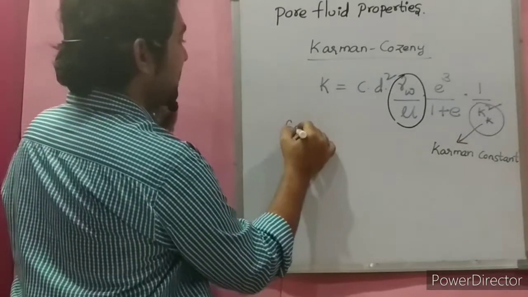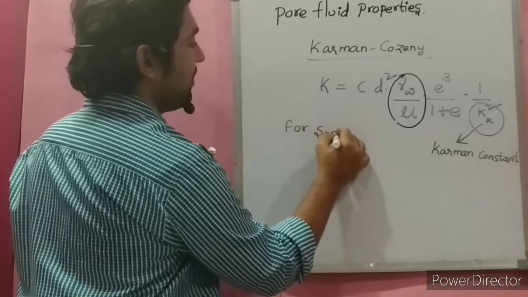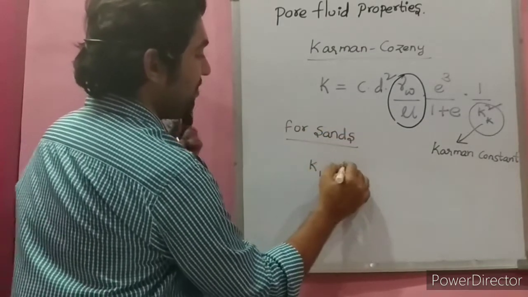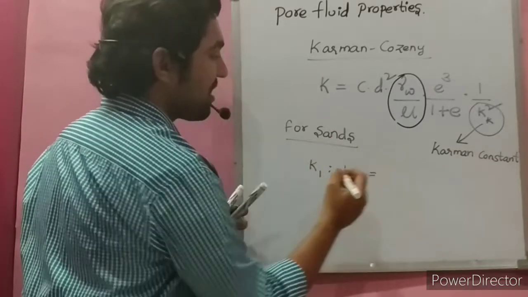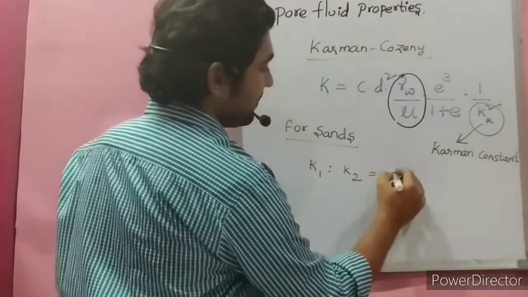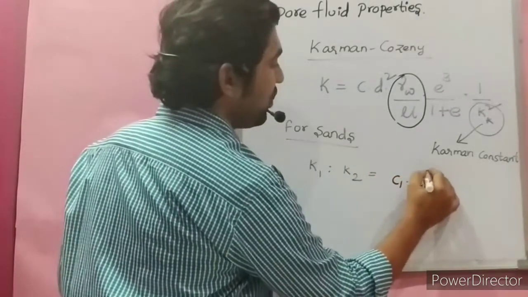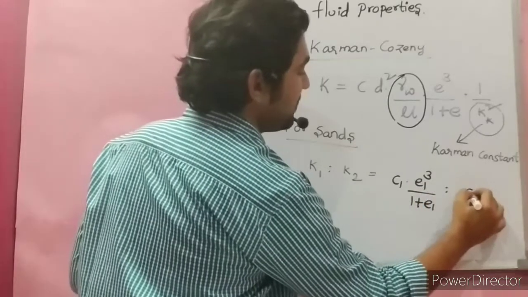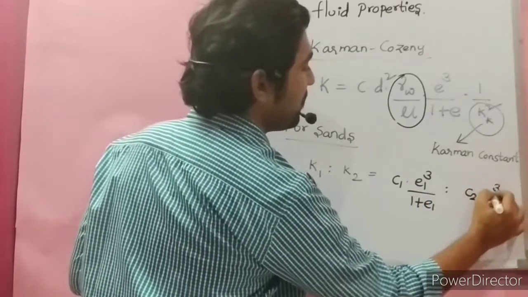For sands, K1 is to K2 is equal to C1 E1 cube by 1 plus E1 is to C2 E2 cube by 1 plus E2.